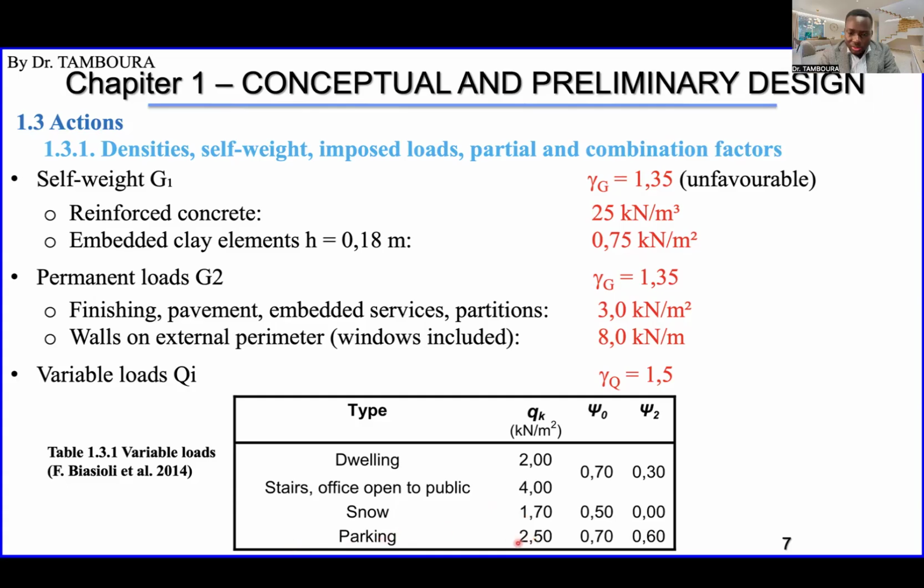For parking, 2.5. So as you can see, these values are coming from Eurocode 1. And then this factor, these are what we call combination factors.